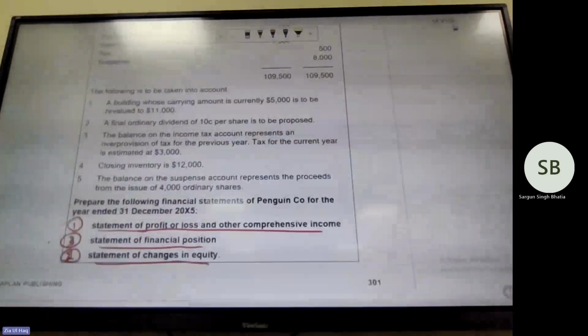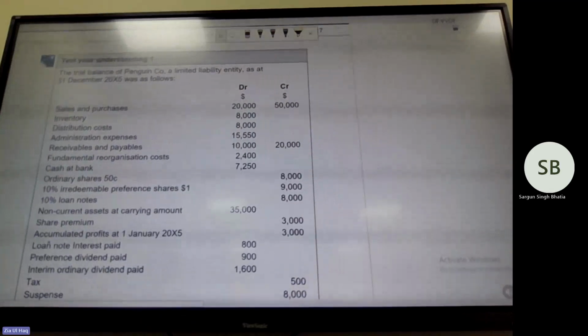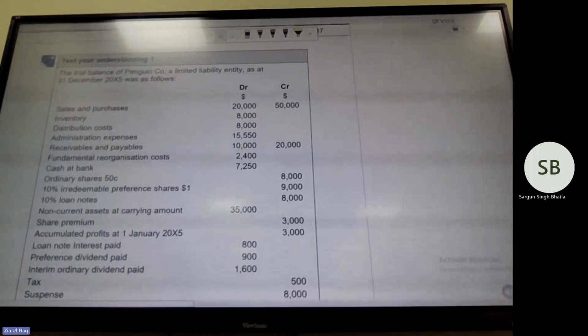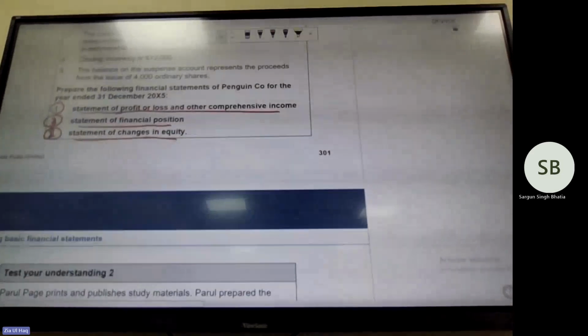So this is the question. The trial balance of Penguin Company Unlimited Liability entity at 31st December 20x5 are as follows. Sale and purchase, so this is purchase, this is sale. Inventory at 31st December 20x5, and we need to prepare at 31st December 20x5.